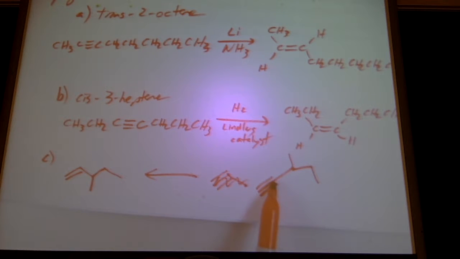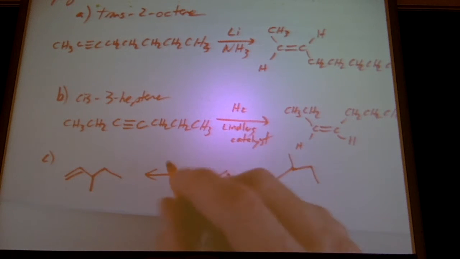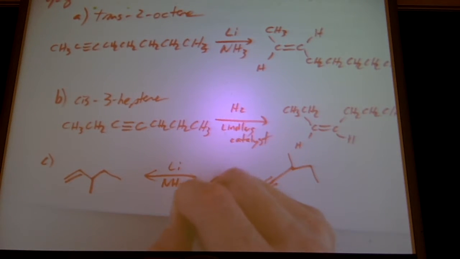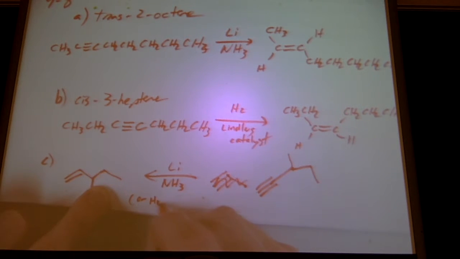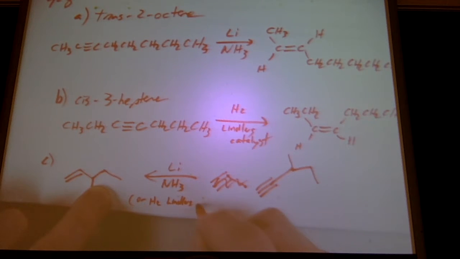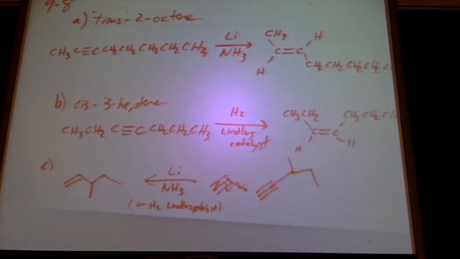So you just have to know that this is a carbon, carbon, and then this is a carbon. So in this case, you can't tell if it's cis or trans, because I have 2 hydrogens on this side. So you could use either method, lithium and ammonia, or H2 and Lindlar's catalyst. I'll use lithium and ammonia just because it's easier to write down. But you could also use Lindlar's catalyst.